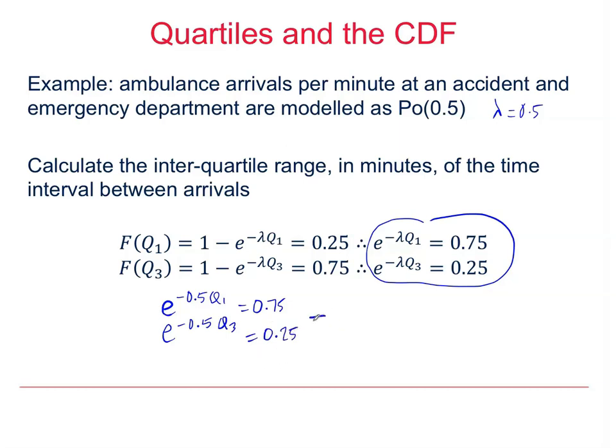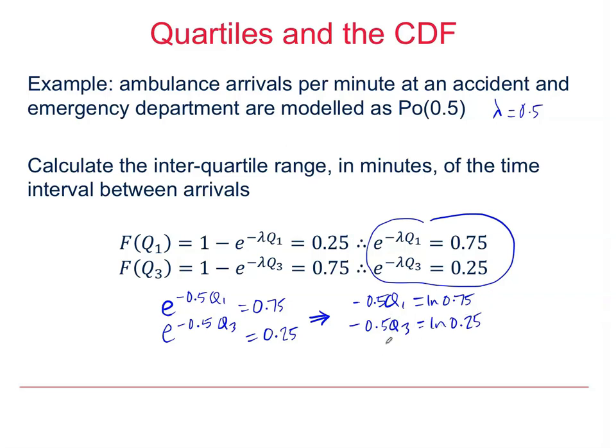If we now take logs, we've got minus 0.5 q1 is equal to ln of 0.75, and we've got minus 0.5 q3 is equal to ln of 0.25.